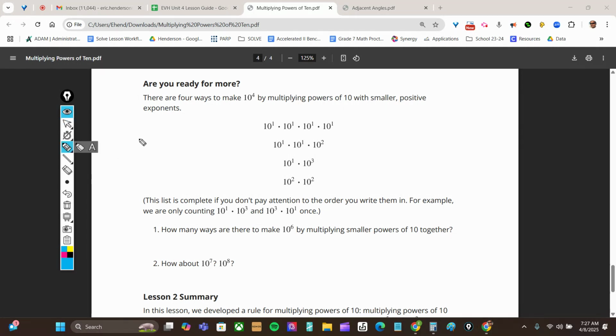Alright, these are called integer partitions.